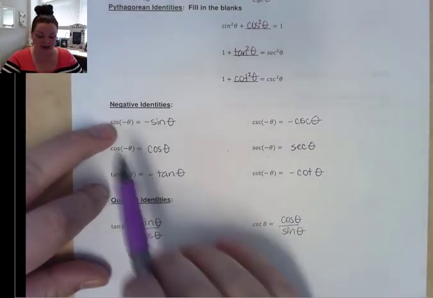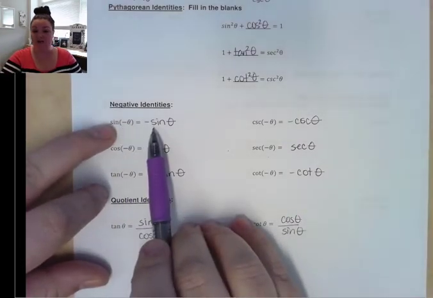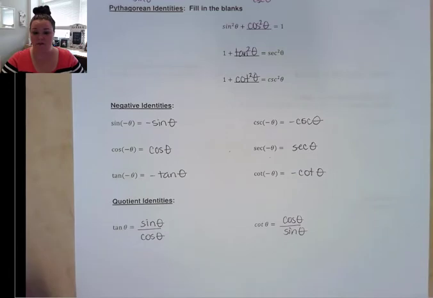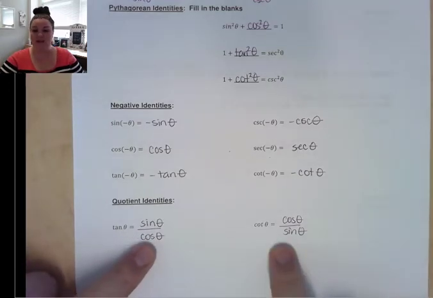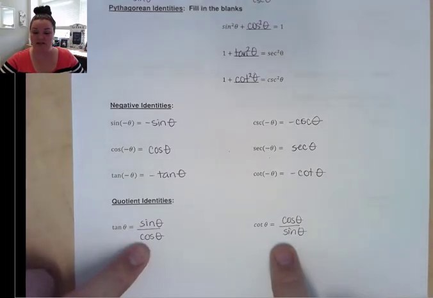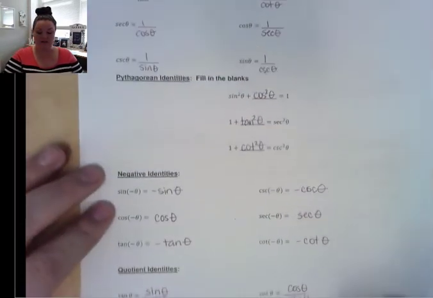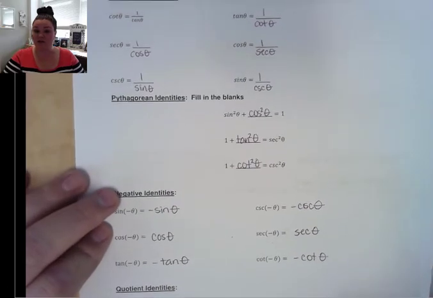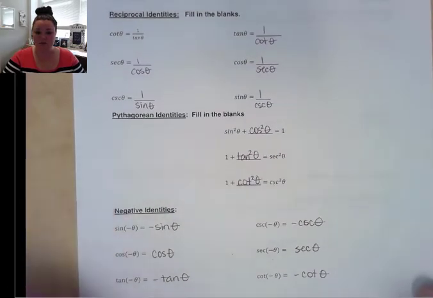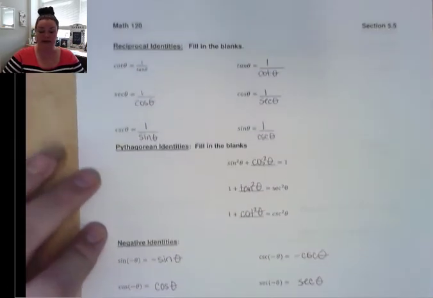We go from a negative angle to a negative value. And then our quotient identities, which hopefully are second nature to you at this point: tangent is the ratio of sine to cosine, and cotangent is the ratio of cosine to sine. Hopefully this is a nice quick reference page to make you more and more familiar with these identities.